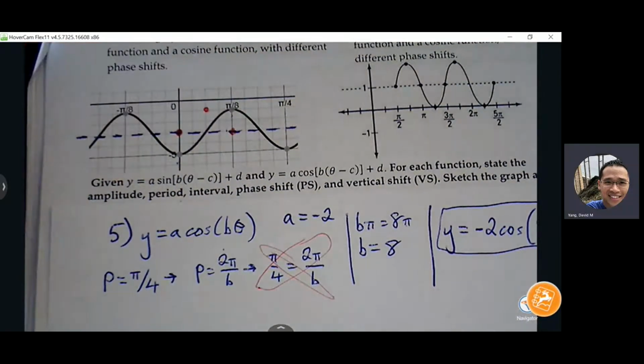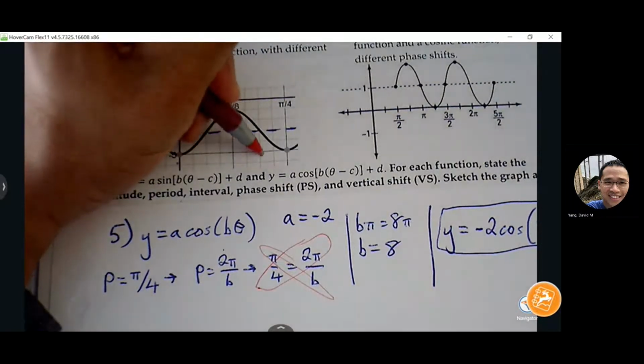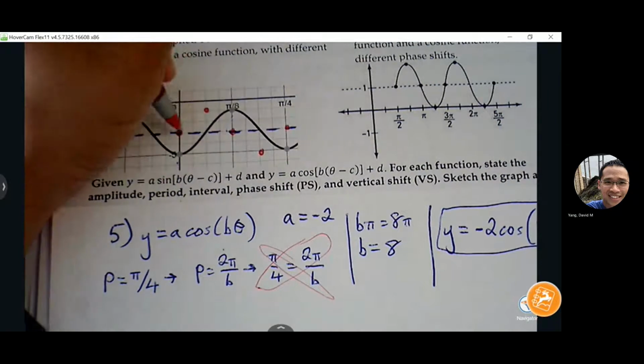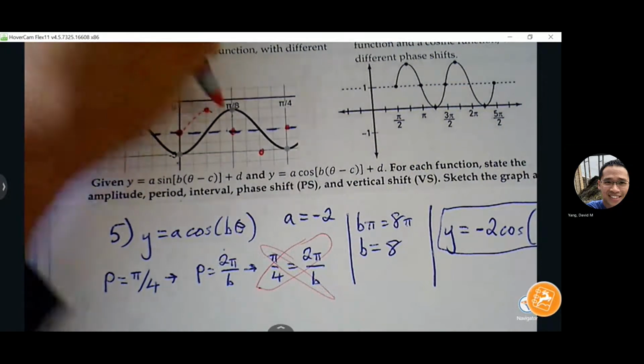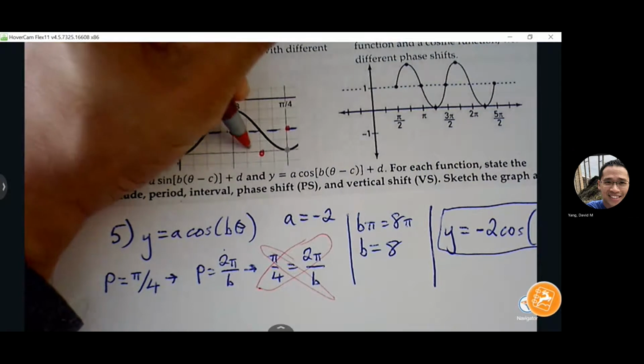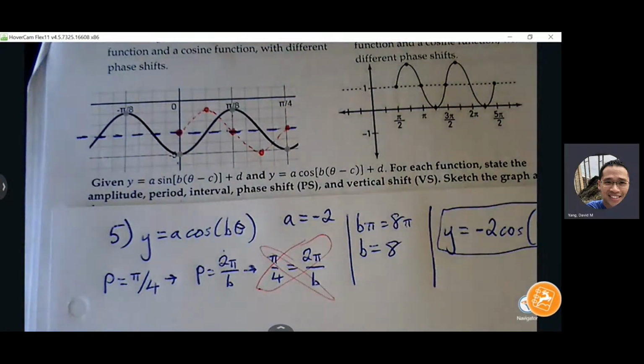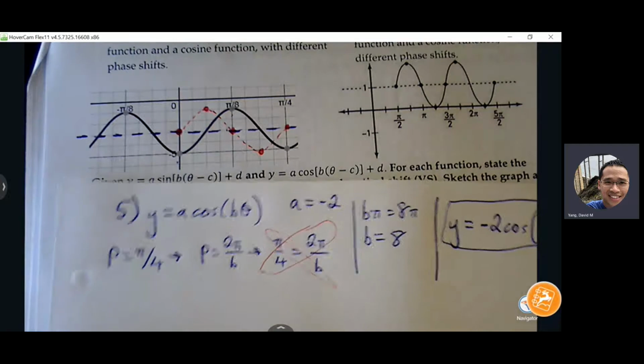Then to the minimum. And then back to the center. Okay, so let's find the equation of that sine graph.